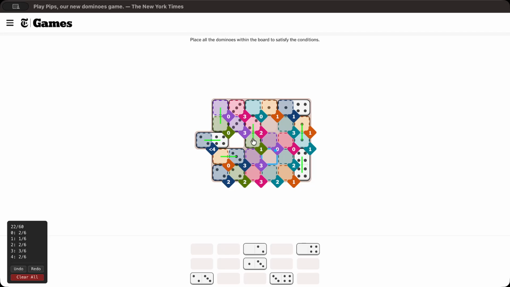Yeah, that's why this piece doesn't feel doable. So maybe my logic was wrong there because we used our 1-2 and we need a 1-2 in one of these 2 cells. So this one can't be.